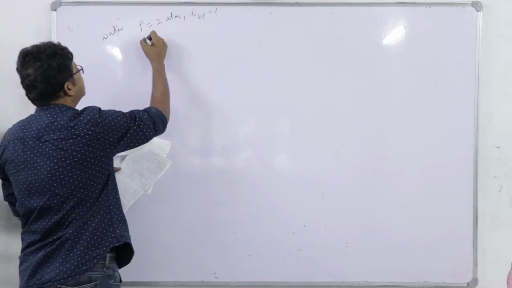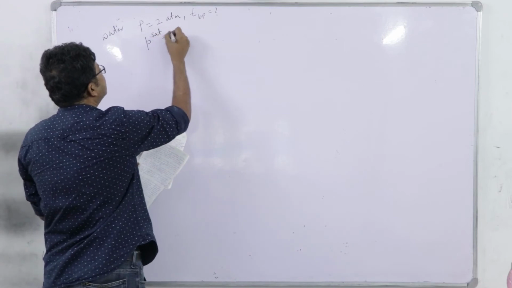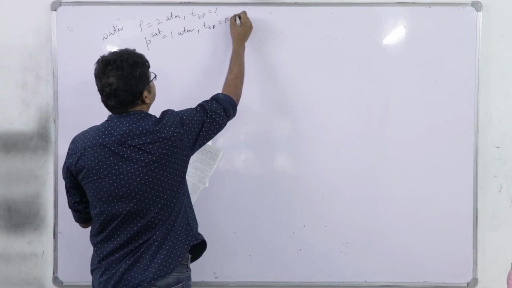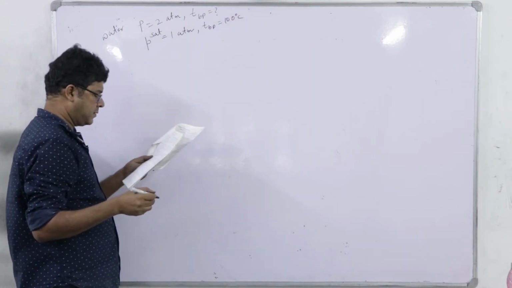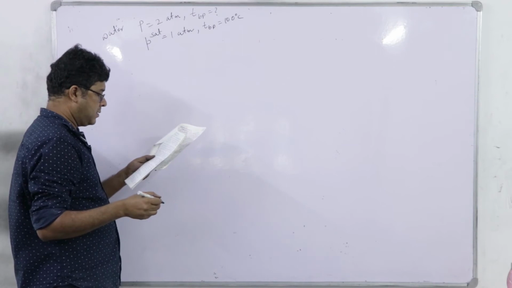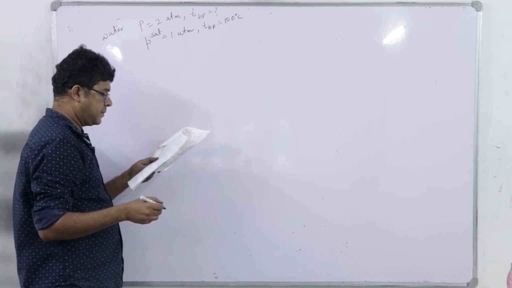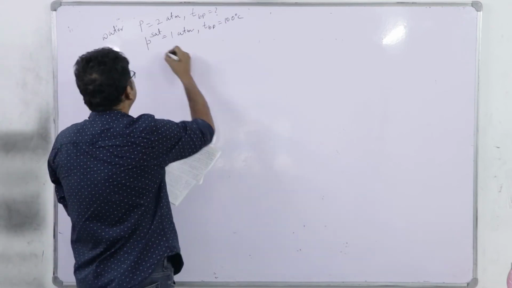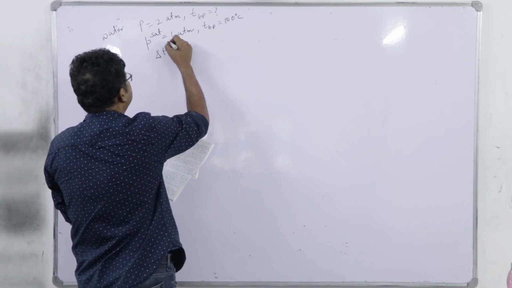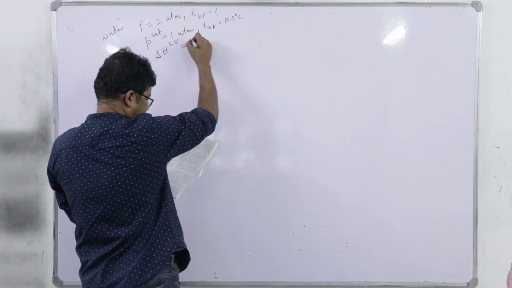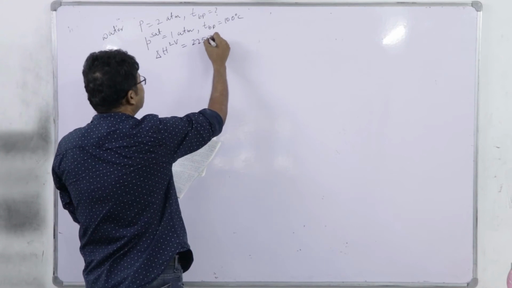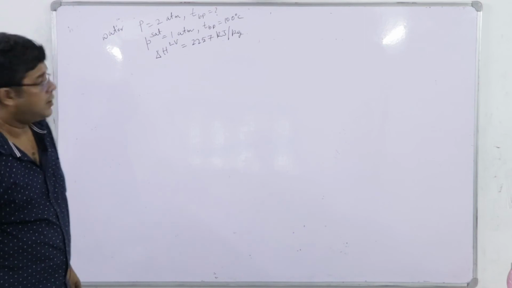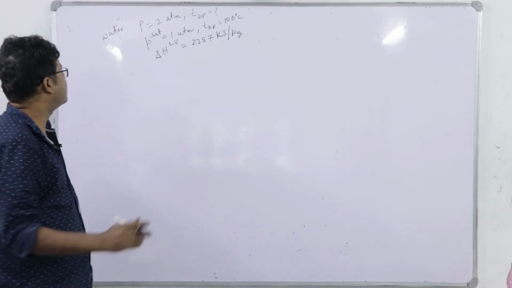So, we know this, Psat is 1 atmosphere at TBP 100 degree Celsius, right, and enthalpy of vaporization is essentially constant. So, we have to use Clausius-Clapeyron. LV is 2257 kilojoule per kg. So, you have to calculate the boiling point at 2 atmospheric pressure.